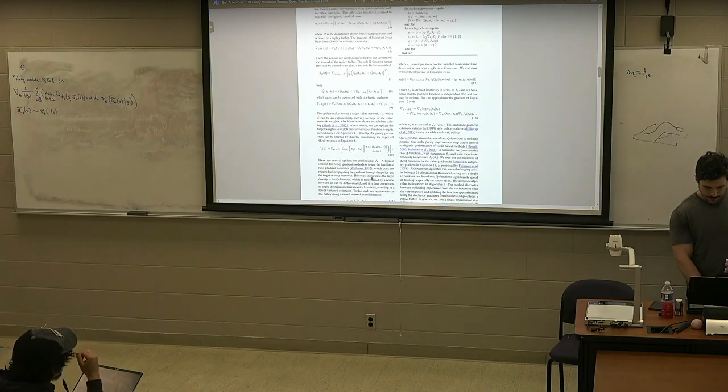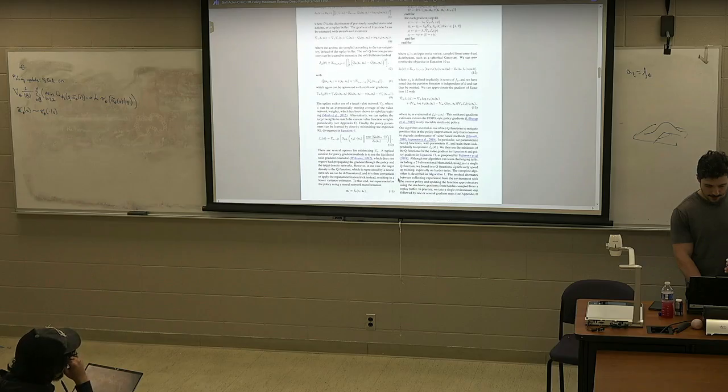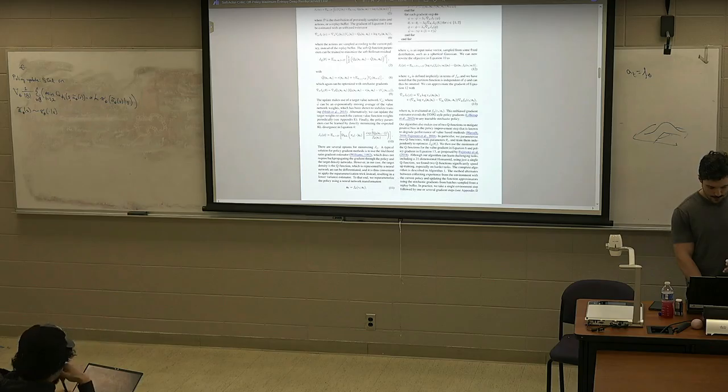I haven't seen the KL divergence of theta before. You hadn't? Well, not for this algorithm. What are you referring to, this part? Yeah. It's just saying you're going to measure the distance between. So this is the policy at the current state, so that's the output probabilities.